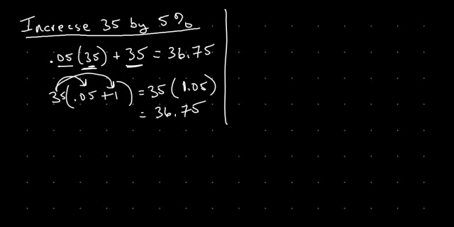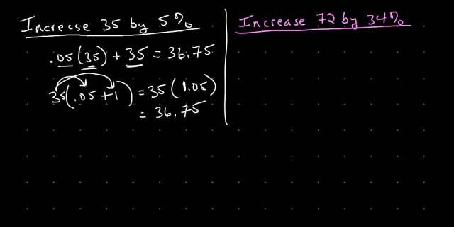Let's do another one. Let's increase 72 by 34%. Okay? So the nice and quick way is going to be 72 times 1.34, and that gives it to me.